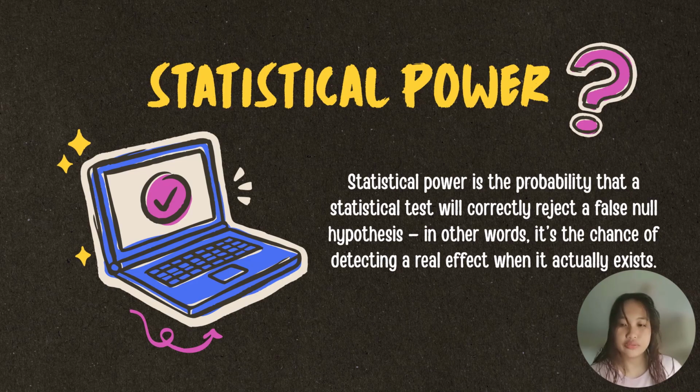Power is influenced by factors such as the sample size, the effect size, and the variability within the data. Higher power increases the chances of detecting meaningful differences or relationships in research. Statistical power doesn't prove anything, but it makes sure that the study is strong enough to give the researcher a fair chance to find evidence for or against their hypothesis.